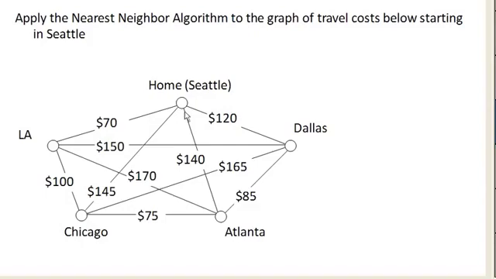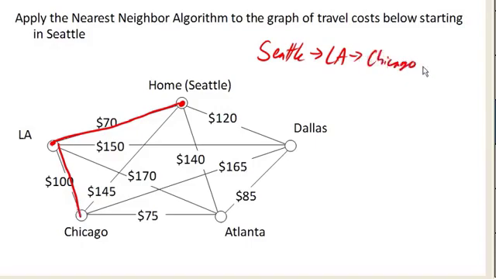So starting here in Seattle, we say, what is my cheapest option? So we got 70, 145, 140, 120, so it looks like 70 is our best option. So so far we've got Seattle to LA. And then from LA we've got 100, 170, 150, and the cheapest option is 100. So to Chicago.